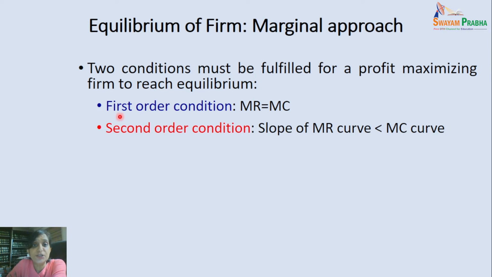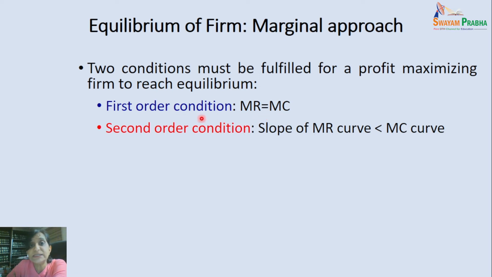The first order condition, or the necessary condition, is that the marginal revenue of the firm should be equal to the marginal cost. That is, whatever extra the firm earns by selling one extra unit should be equal to the extra cost of producing that unit. So your marginal revenue should be equal to the marginal cost.